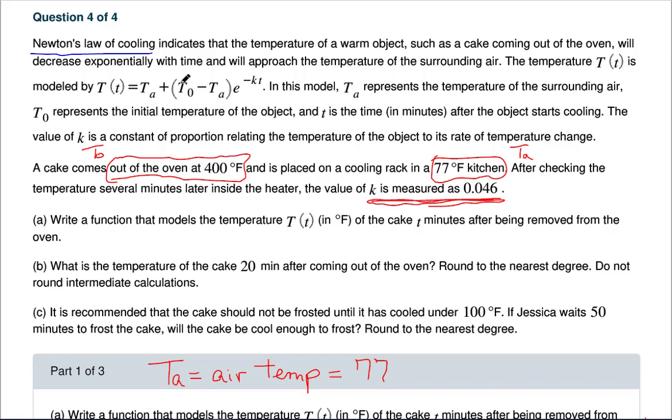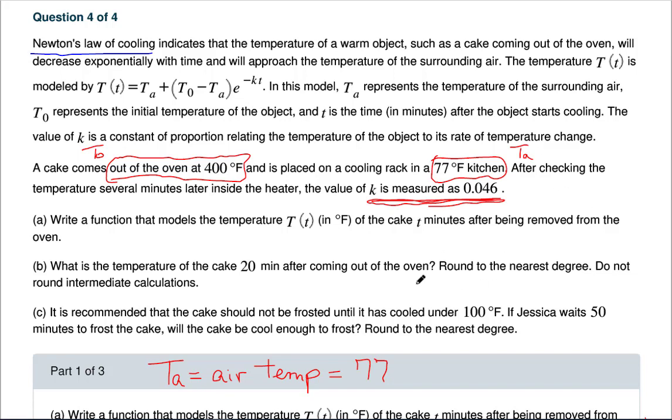What about this T0? T0 is the initial temperature when it comes out of the oven. Comes out of the oven, it's hot. All right, E. E is our function which dictates how quickly this thing is cooling off. The minus means that we're cooling down, right?